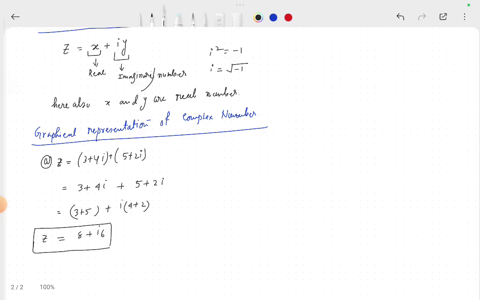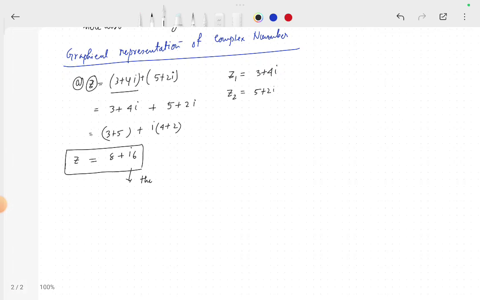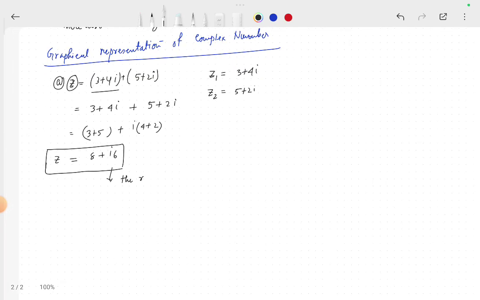There are two complex numbers: the first is called Z1, equal to 3 plus 4i, and the other is called Z2, equal to 5 plus 2i. Actually, here Z is nothing but the resultant of the two complex numbers.